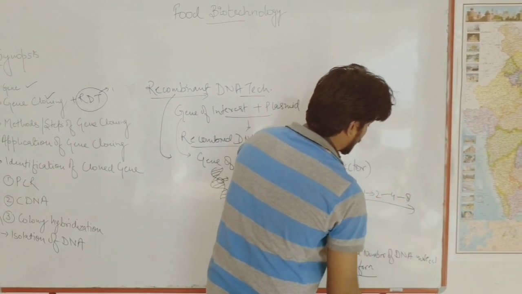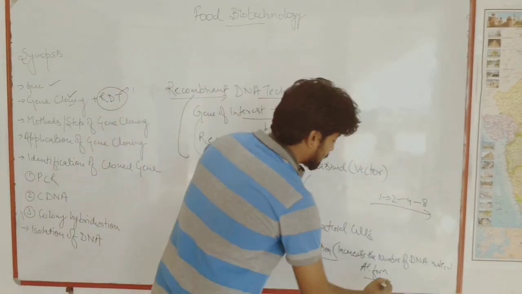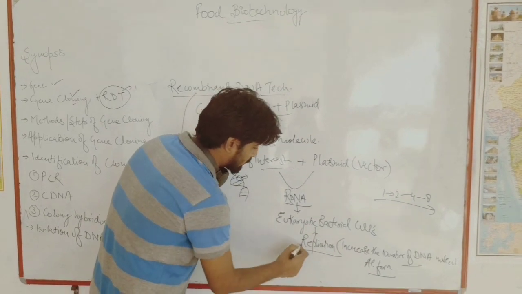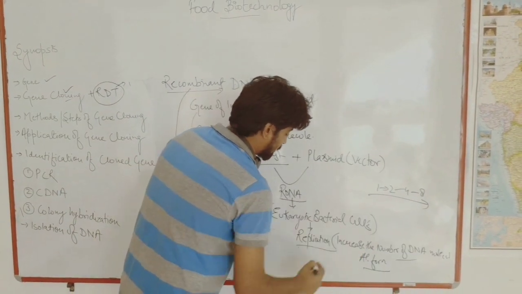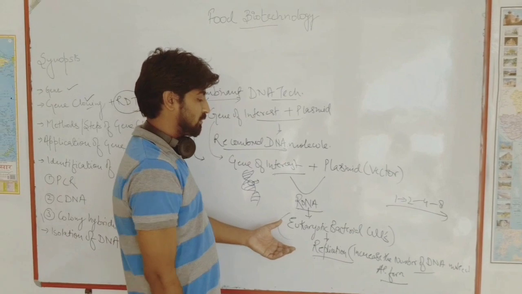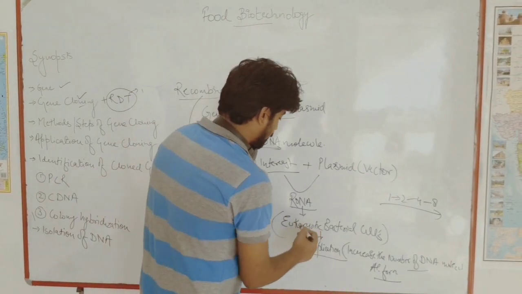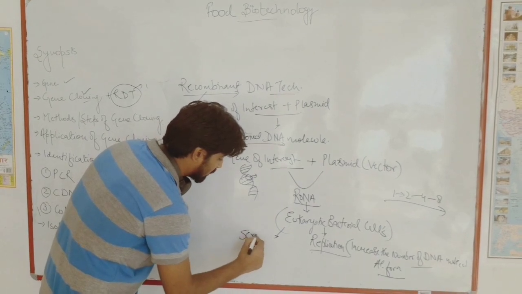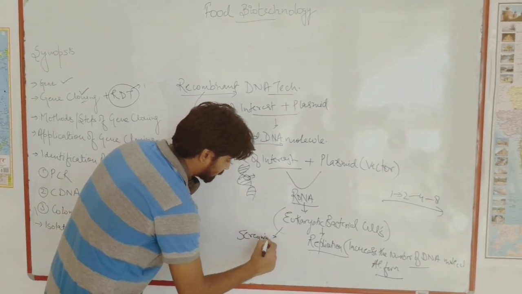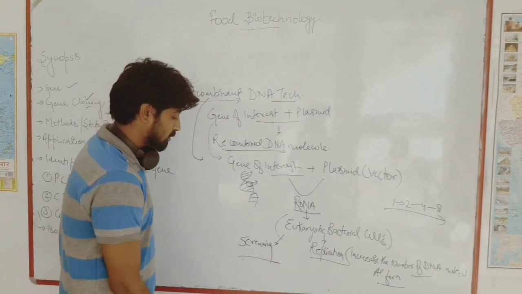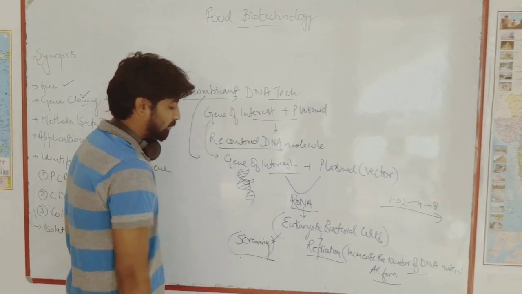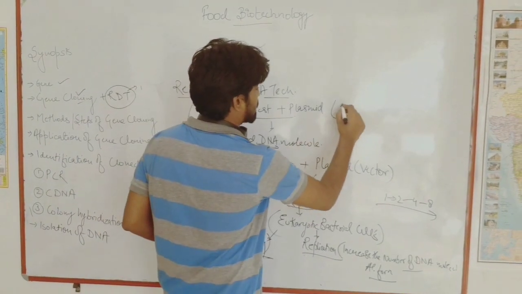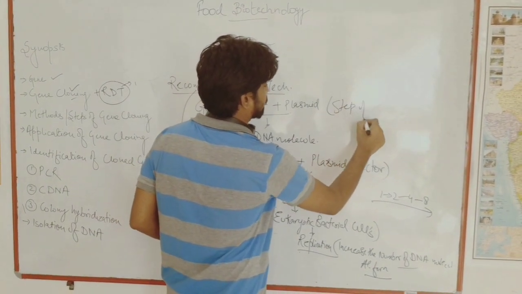So this is the algorithm-based increase in the numbers of DNA. This increase by replication is done in the bacterial cell. After the cells containing the recombinant DNA have been replicated, they will be screened out. Screening will be the final step. So this completes the topic, what is recombinant DNA technology, and these are its steps.